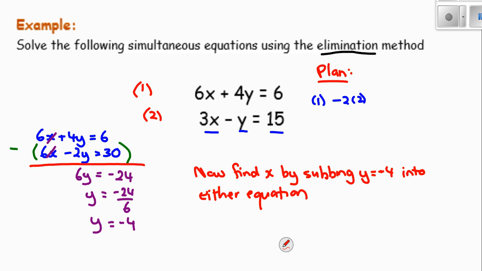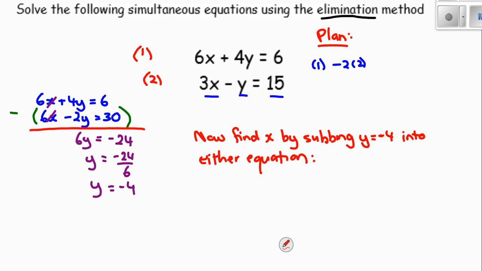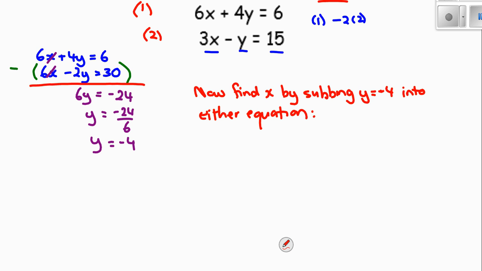I'm just going to randomly choose equation 2 to sub into to begin with. Let's make it a little bit easier to me. You might find equation 1 easier, that's fine. We'll choose that instead. So the equation is 3x minus y equals 15. So it's 3x minus, and y is negative 4, equals 15.